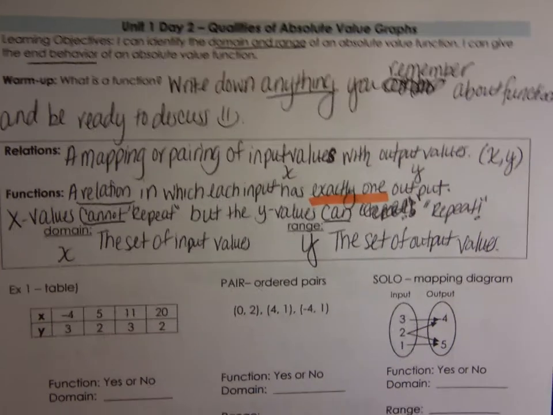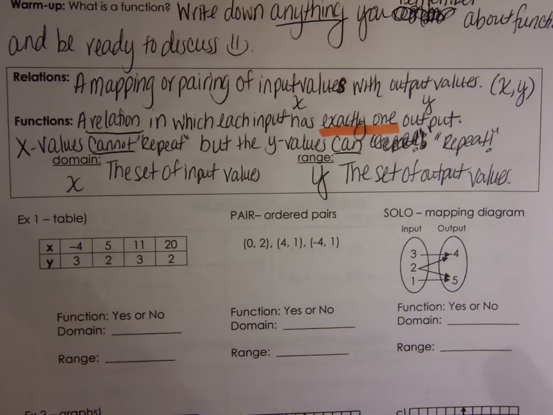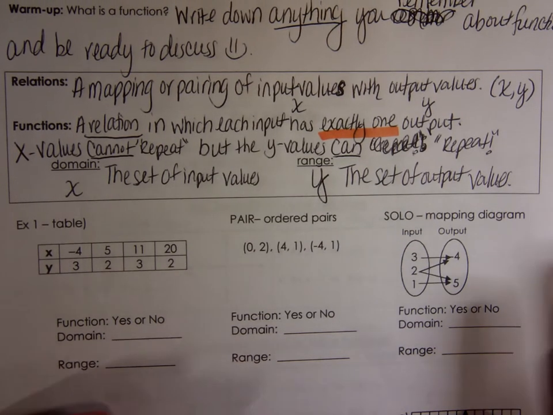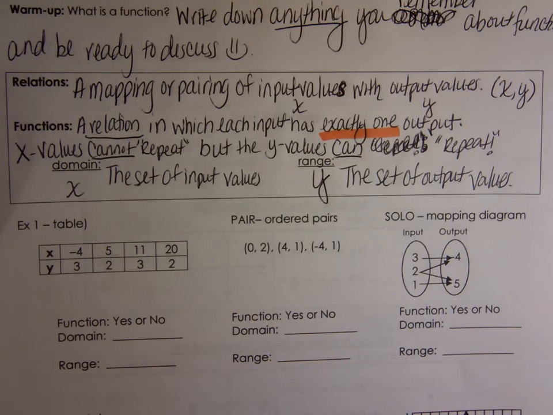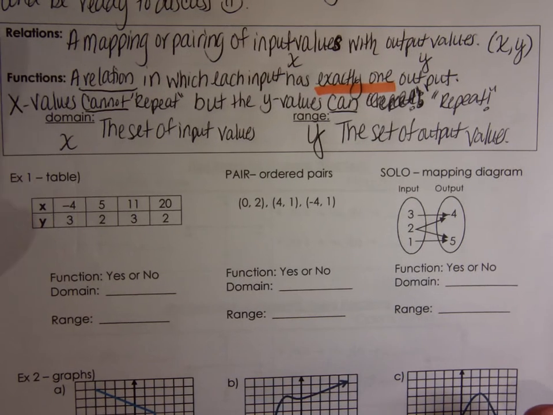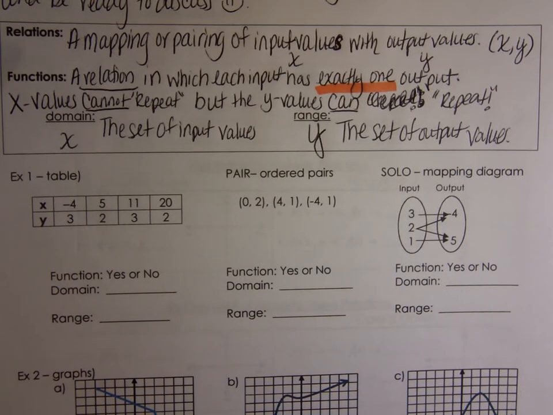And once again, relations and functions can be represented in a table, a set of ordered pairs, a mapping, as well as graphs. And so what we're going to do in this first example is we're going to explore each of these and decide whether or not it's a function, and then identify the domain and range of each.